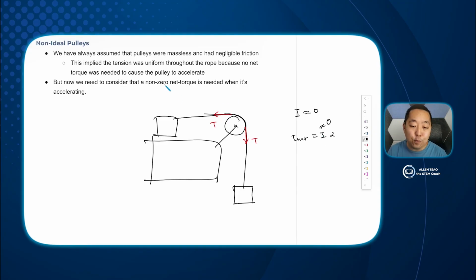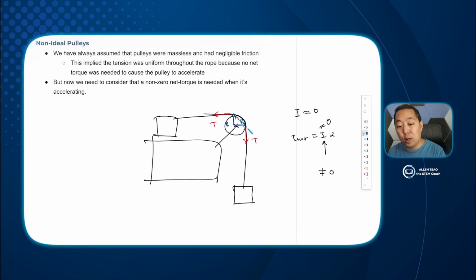However, if we have to handle the math, if this is not 0, then we need a net torque on the pulley in order to cause it to rotate. And if you think about it, if the tension were the same, okay, and we're doing this as our axis of rotation, you're not going to have a net torque, because one torque here is going to be R times T, the other torque here is going to be R times T, right?